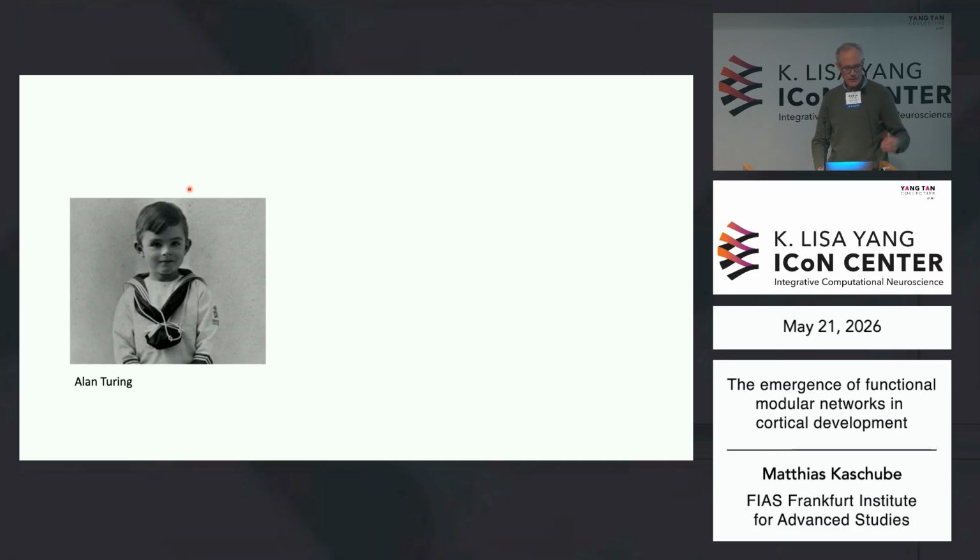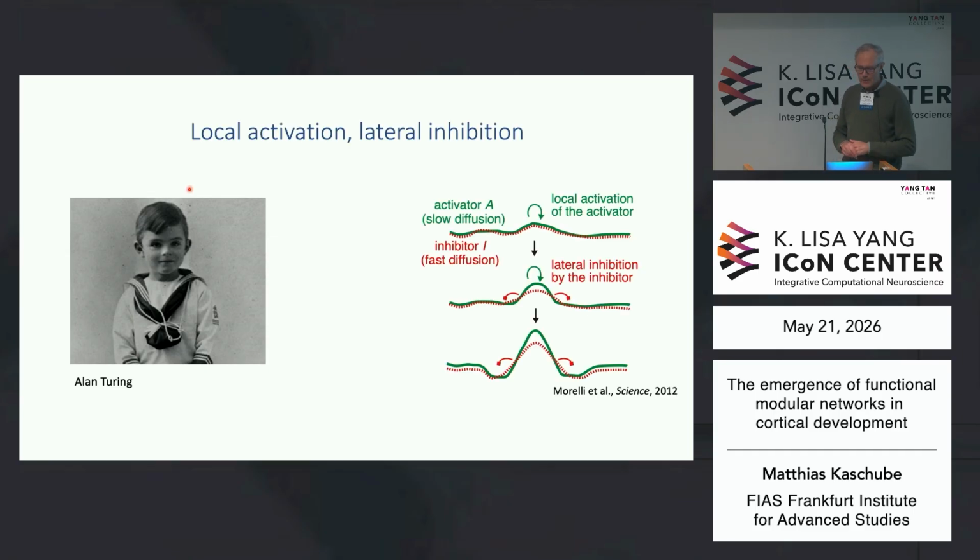In his last paper, he introduced what is now known as the Turing mechanism. The Turing mechanism is a dynamical mechanism for generating a structure with a typical spatial scale. In this case, you have an activator that activates itself and forms a localized concentration of this activator substance.